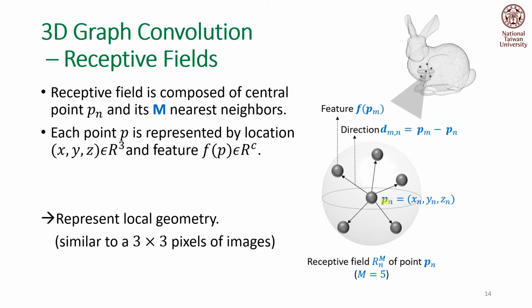In the illustration, m equals 5, so there are a total of 6 points in the receptive field, including the central point. Each point P is represented by its three-dimensional coordinates x, y, z, and the feature f of P, which is c-dimensional. The direction between the central point and the neighbor point is very important in the convolution operation, and it will be discussed later.